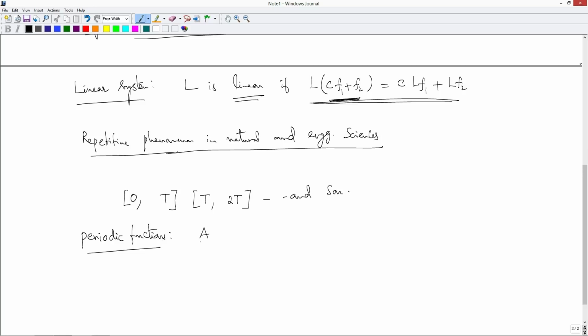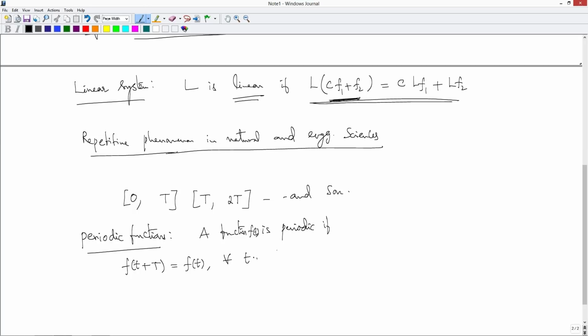So, the definition for a periodic function is: a function f of x, f of t, is periodic if f of t plus this period is the same as f of t for every t.